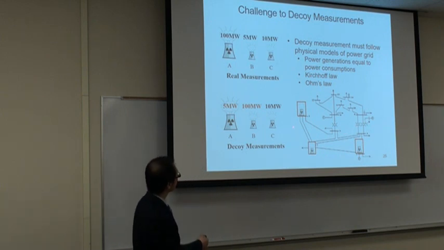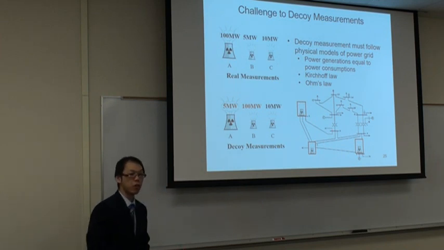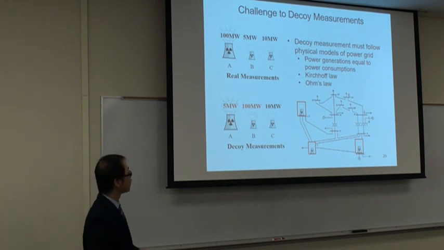If you change one of the measurements here, all the measurements related to it will change, and then the other ones will also change as well. So this doesn't sound as trivial as we think.